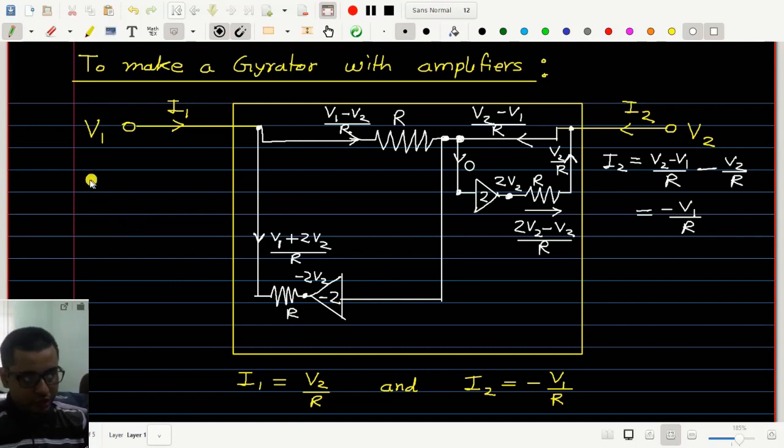Now we have I1 equal to this current plus this current.